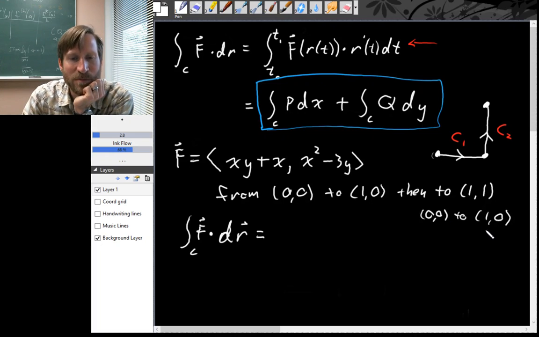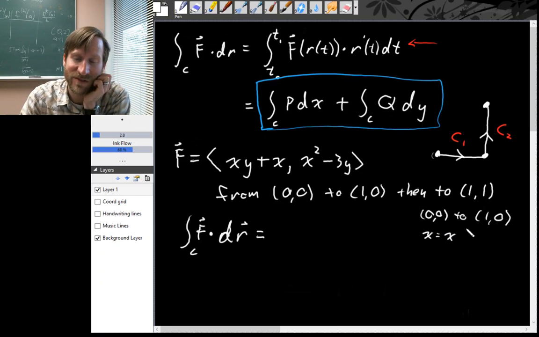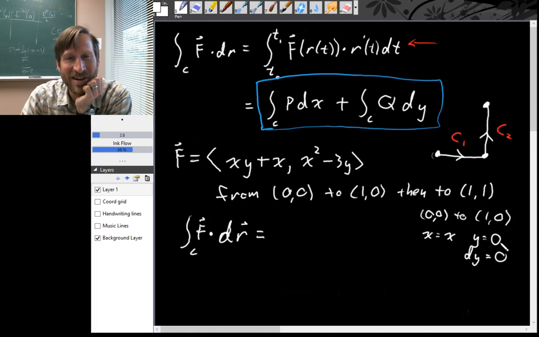So on this part of the path from (0, 0) to (1, 0), x is just x. x is going to go from 0 to 1, and y along this path is 0. And since y is 0, dy is also going to be 0. If y is a constant, y isn't changing, and so dy is 0.